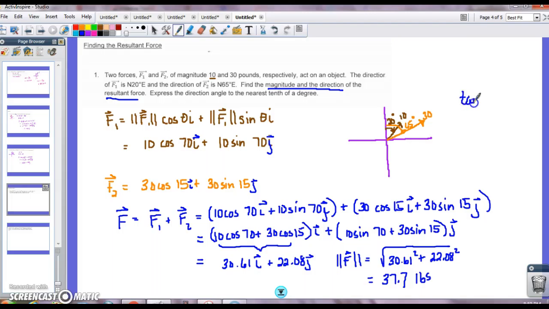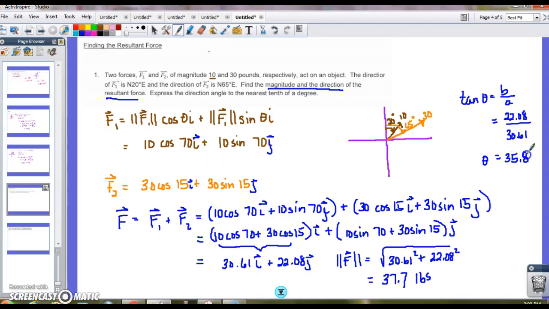And then the angle, remember, the tangent of theta, because I'm trying to find the angle, is just b over a. Well, I know what my b is and I know what my a is. It's just 22.08 over 30.61. If you put that in your calculator for theta, you get 35.8 degrees.